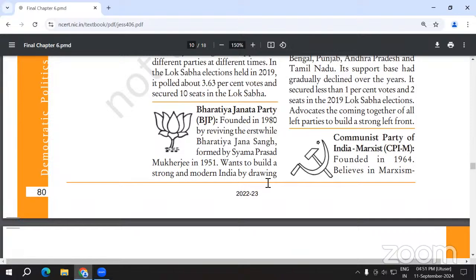Now, what are the aims and objectives of this party? You know the importance of this political party, so you must remember what it stands for.